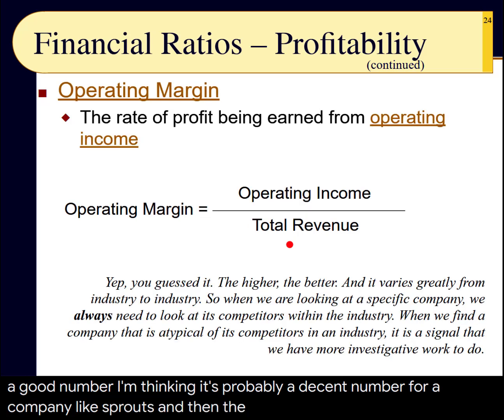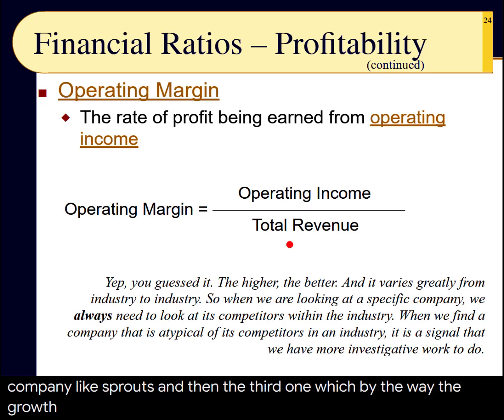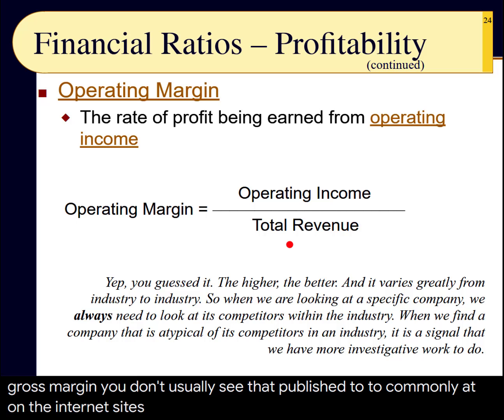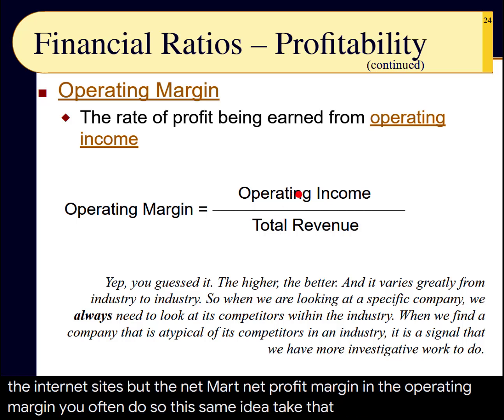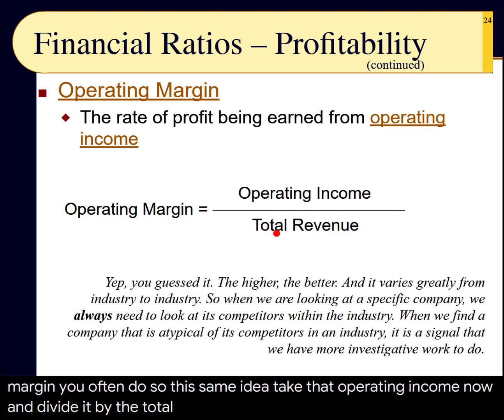And then the third one, which, by the way, the gross margin, you don't usually see that published too commonly on the internet sites. But the net profit margin and the operating margin you often do. So the same idea. Take the operating income now and divide it by the total revenue.